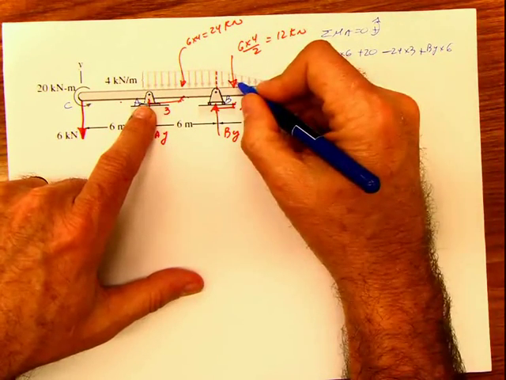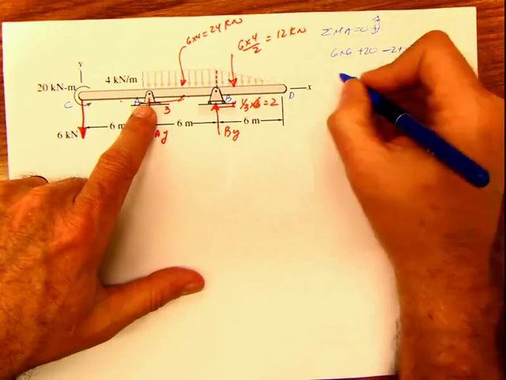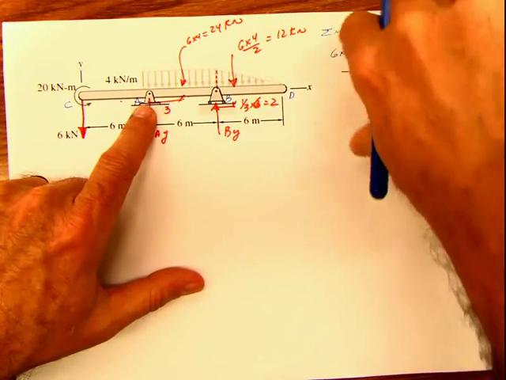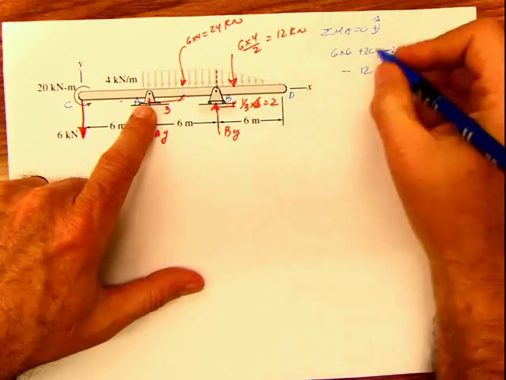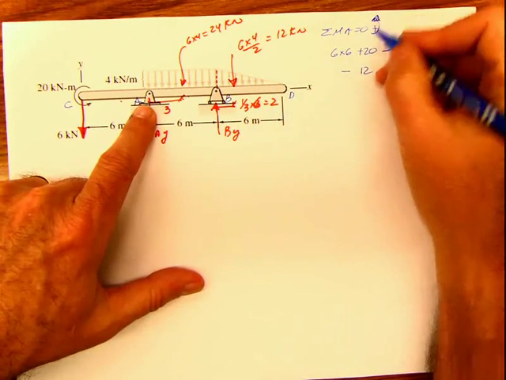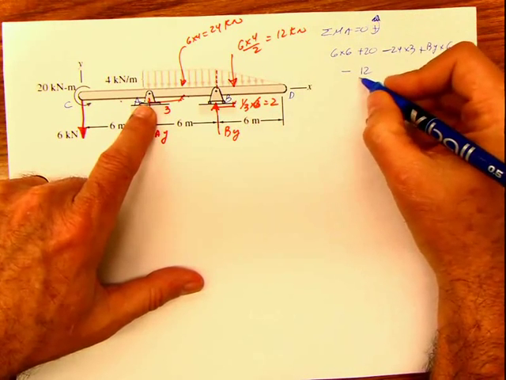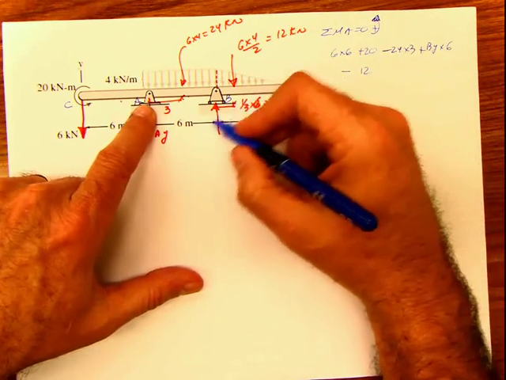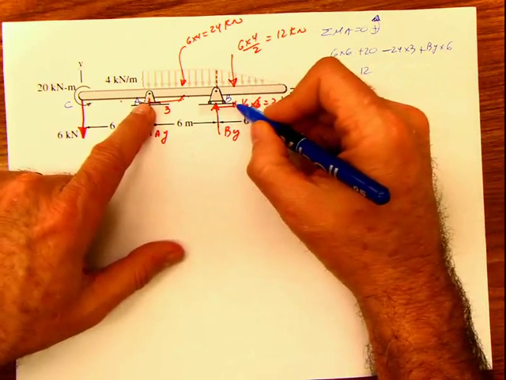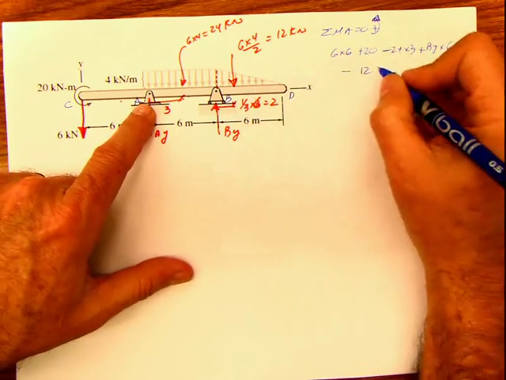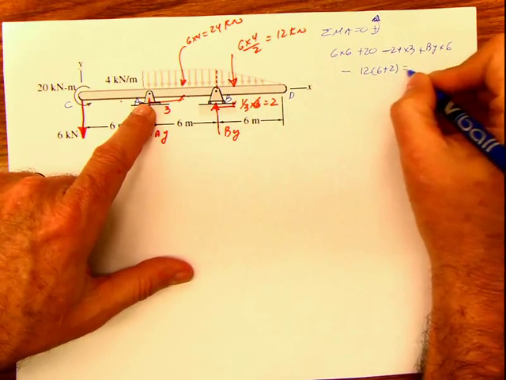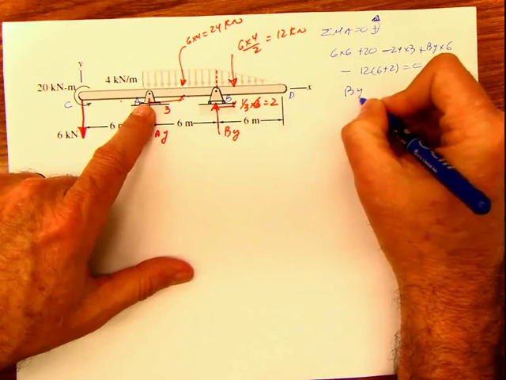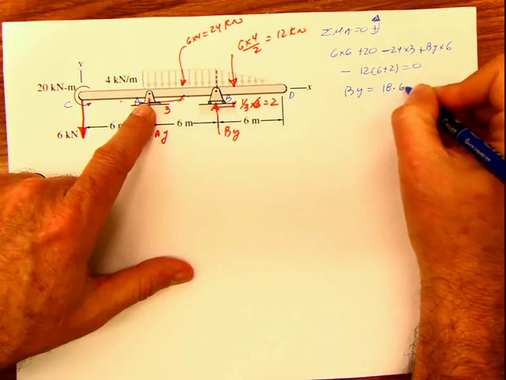And then I have this force here, negative because the rotation happens clockwise, and I say counterclockwise is positive. So negative 12 times 6 plus 2 equals 0, and then you solve for By, and By is 18.6 kilonewton.